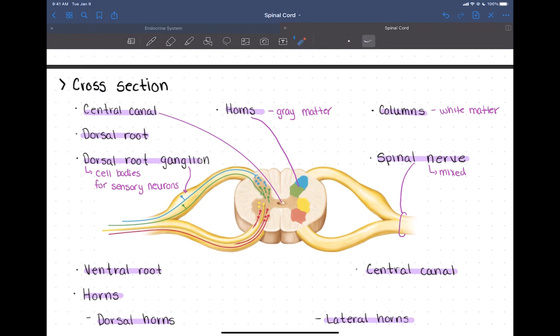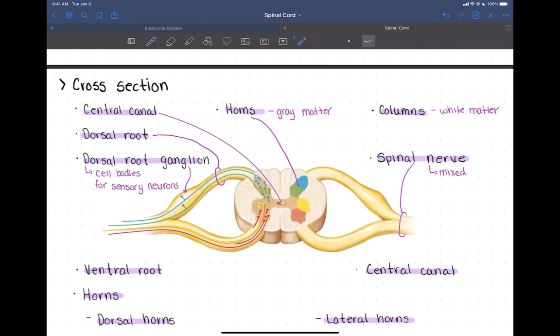Their cell body is located here, and they extend an axon that continues towards the spinal cord, traveling through this structure here, which is called a dorsal root.